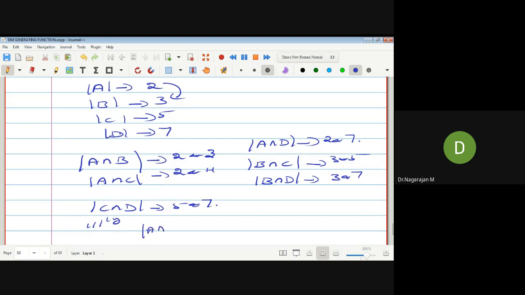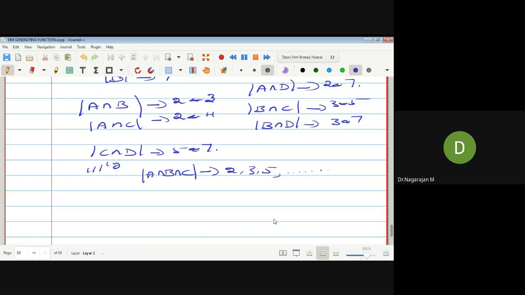A intersection B intersection C means the elements common divisible by 2, 3, 5. The remaining sets you can define the same way. And A intersection B intersection C intersection D is divisible by 2, 3, 5, 7. Up to what number? 1 to 250. Up to 250, this condition is satisfied.